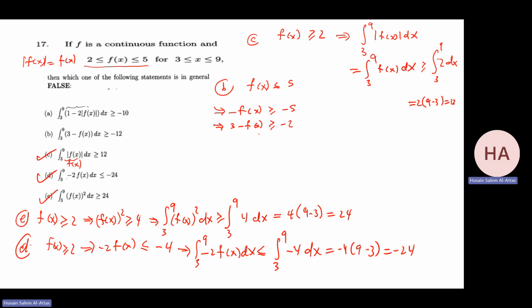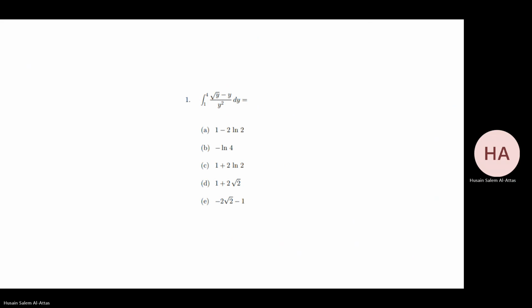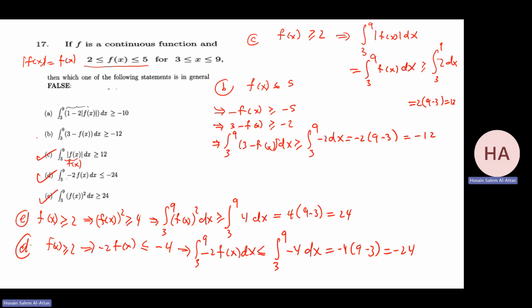Okay, I add 3. So that implies the integral from 3 to 9 of 3 minus f of x dx will be greater than the integral from 3 to 9 of minus 2 dx, which is minus 2 times 9 minus 3, which is minus 12. Okay, so this is correct.